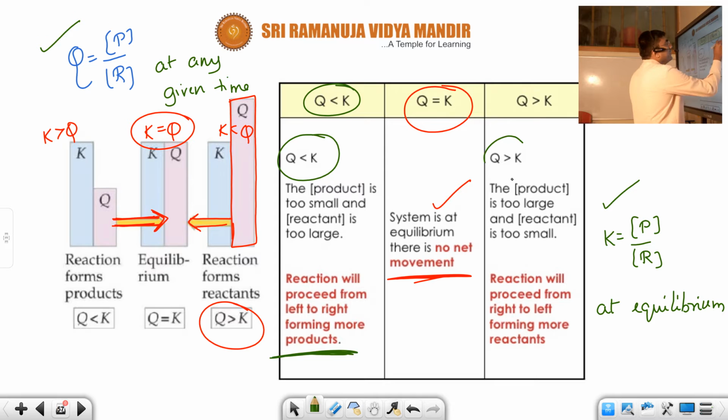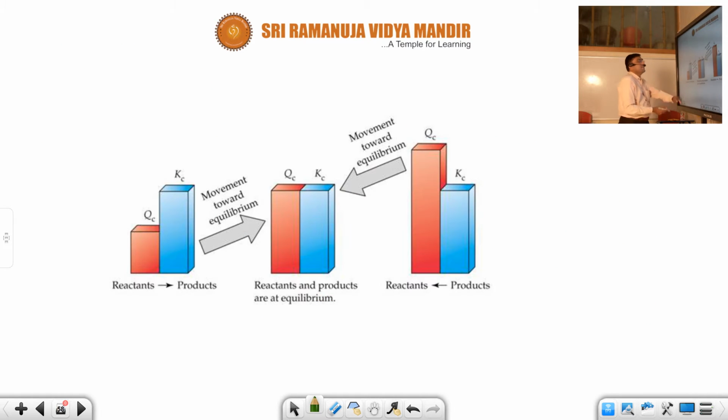When Q is greater than K, the reaction proceeds in the backward direction. That means product formation is very, very small. So which is favorable for the formation of products, students? K should be greater than Q. That is the basic understanding of this slide.